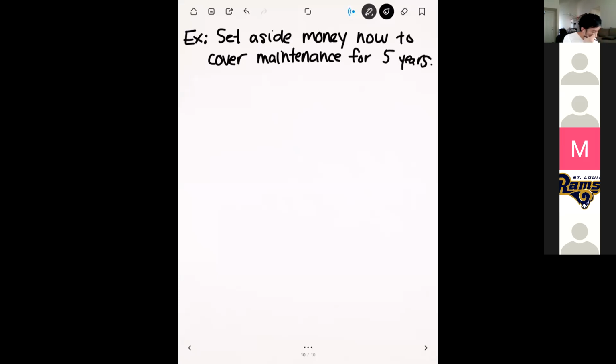Your friend talks to the car dealership, and they gave him this table for how much they estimate the repair is going to cost each year.